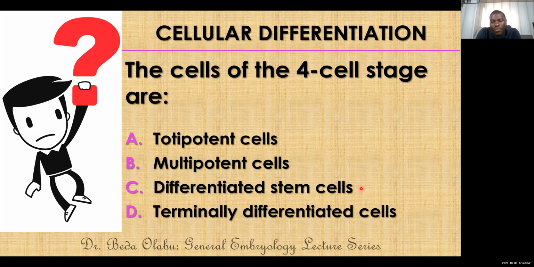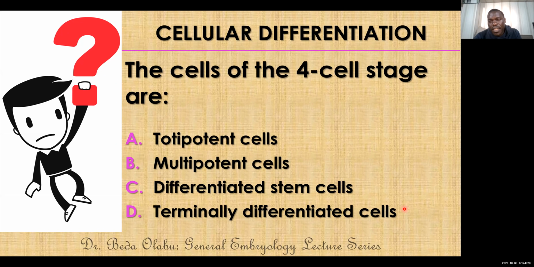For example, osteoprogenitor cells. They are differentiated stem cells. They are stem cells for bone. When you say a cell is terminally differentiated, it means that it cannot give rise to any other type of cell. It's the end stage for it.